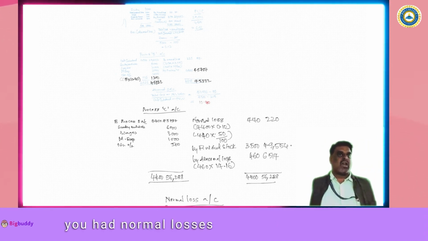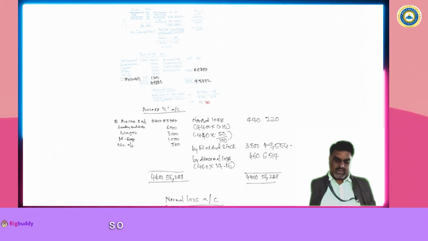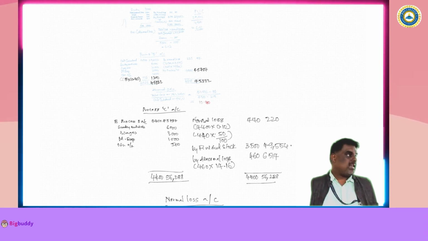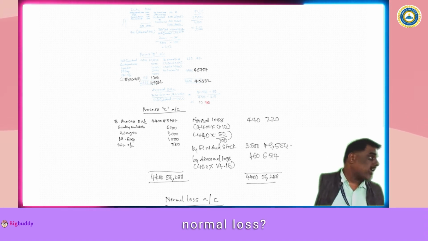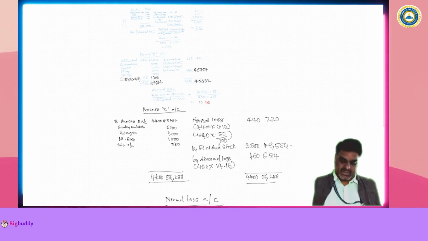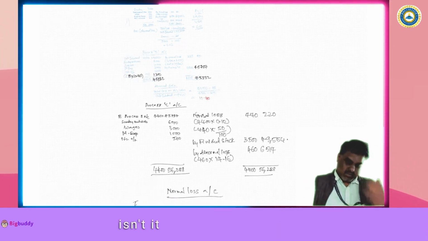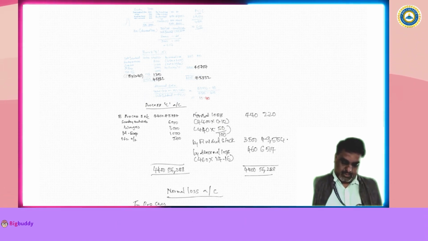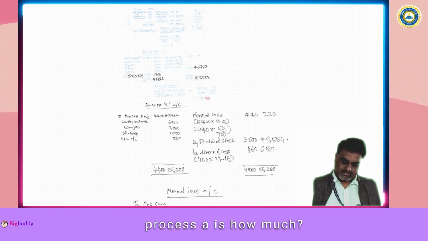You had normal losses in all the 3 accounts. So how much was the normal loss? Normal loss is there in all the 3 accounts, isn't it? So write down by, process A is how much?